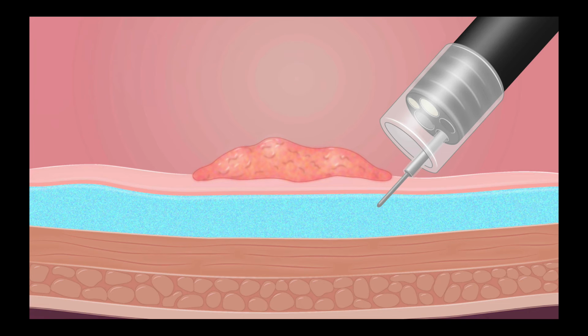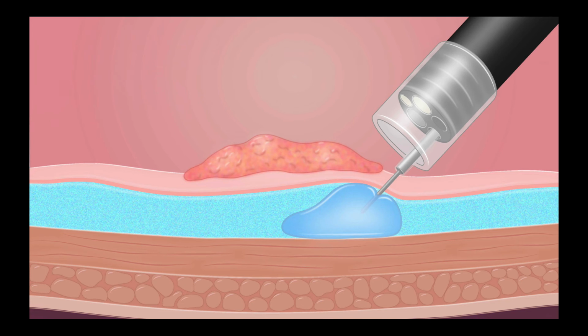Once you're underneath the mucosa, ask your assistant to tap, and when you see a nice submucosal bulge, you do a couple of things.